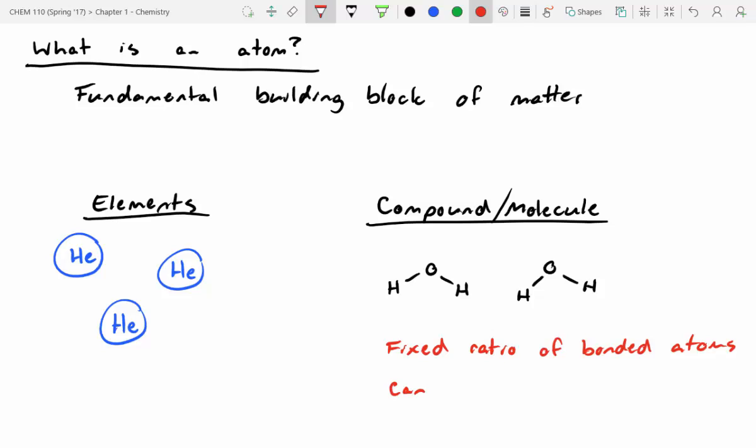And they cannot be physically separated. So if I take some scissors, I can't go in and cut hydrogen away from oxygen, right?